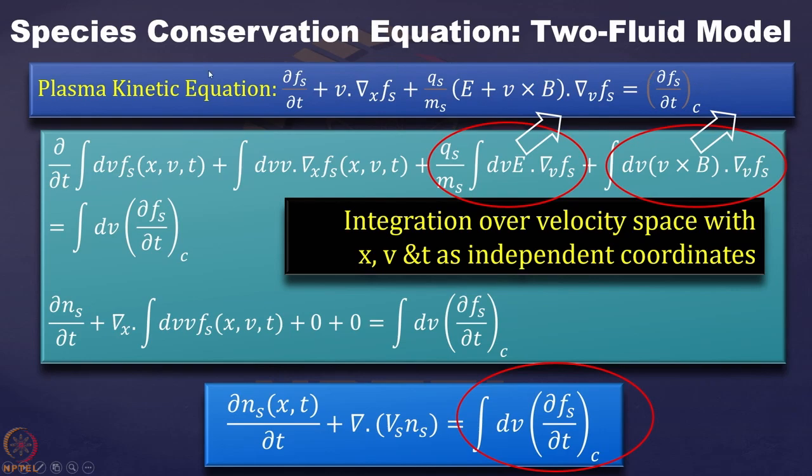However, for the species conservation equation, we are able to tackle this collisional term in a somewhat elegant manner, and to a very good approximation we could say that this integral dV of del Fs del t over collision was basically telling you the change in the number of particles within the phase volume over time, when you are averaging that out.